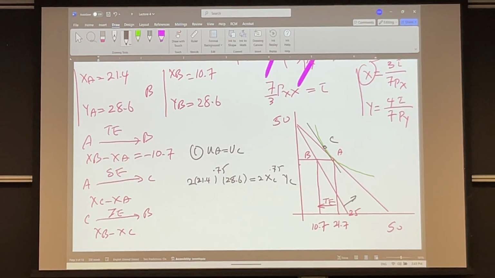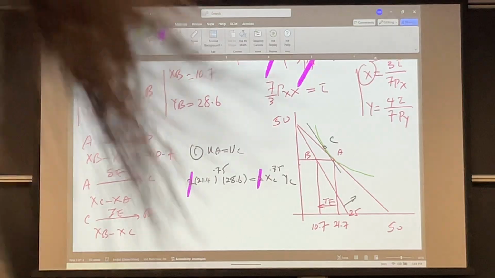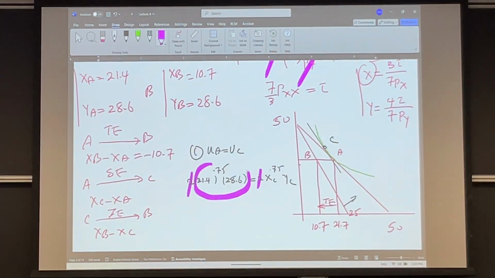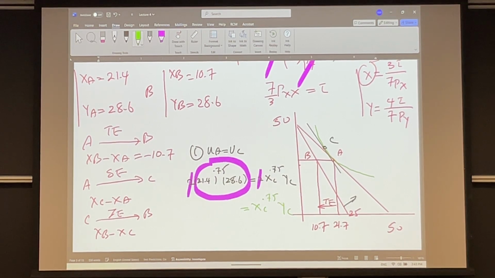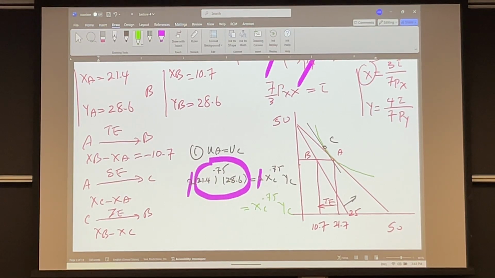Okay, that is that. Just to simplify it, we can eliminate this 2. And I need this number then. What is that number? That's not really the utility of A anymore, that's half of it, because you eliminated the 2. What is this number? How much?